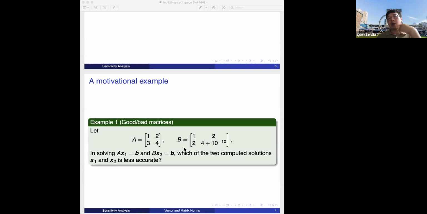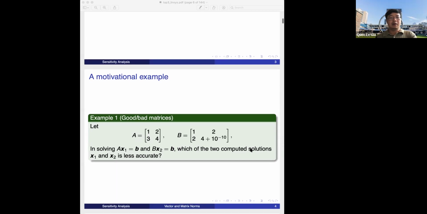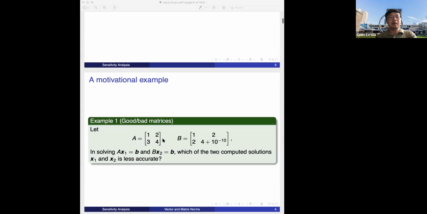Or how do you tell which matrix is a good matrix and which is a bad matrix in terms of numerical computation? Any guess? Any rough guess which matrix is a good matrix?